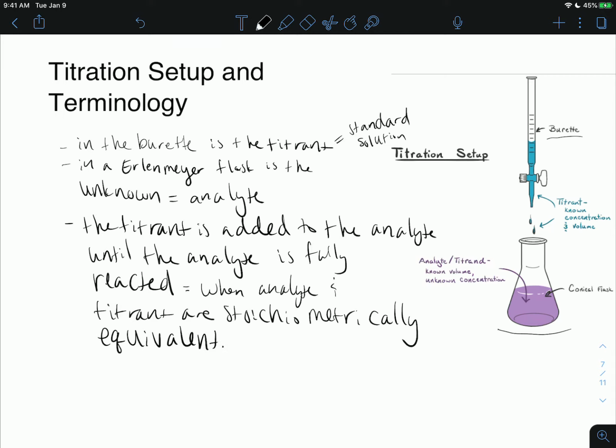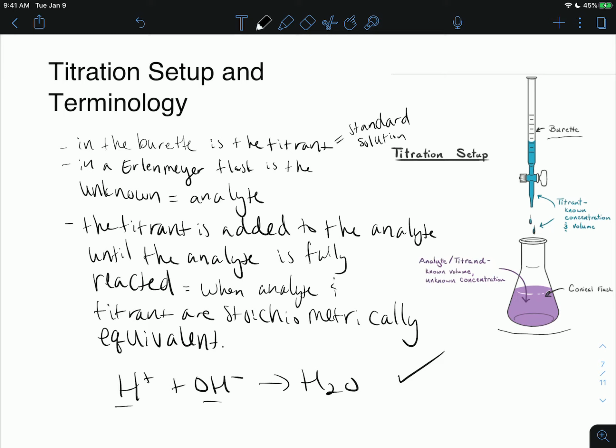In the case of an acid-base neutralization, generally what we have is H plus and OH minus going to H2O. Not always, but most of them. When these are equal to each other, we are stoichiometrically equivalent, and we've reached the endpoint of our titration.